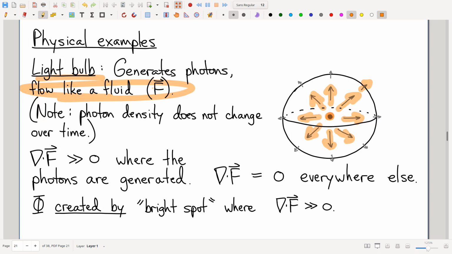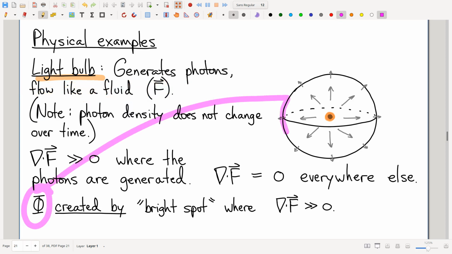Okay, so there's our vector field. Now here's what I want to ask about this vector field. Let me get rid of all of the stuff. Actually, let me leave that part there. Let's ask about the flux through this sphere. And what can we say about the flux through that sphere? Well, the bulb is shooting out photons. Every photon that gets shot out of that bulb is going to have to pass through that sphere.